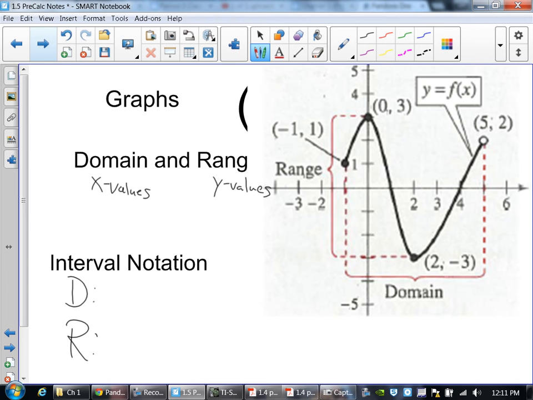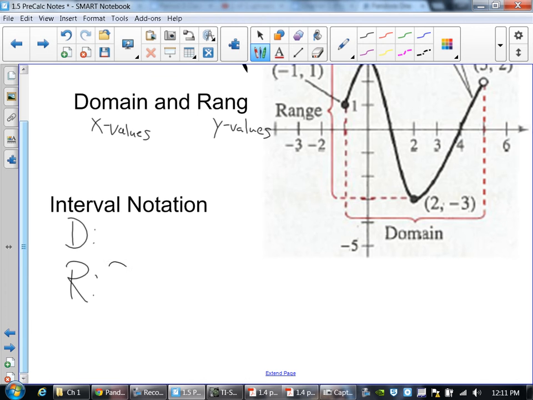Whereas, see how this one's an open dot there? So there's little differences here. So if I'm looking at the range, my range is going from -3 to +3. And I'm putting brackets. That's interval notation. That bracket is going to show interval.